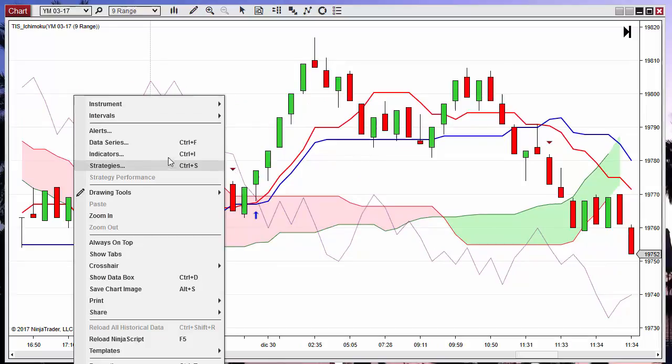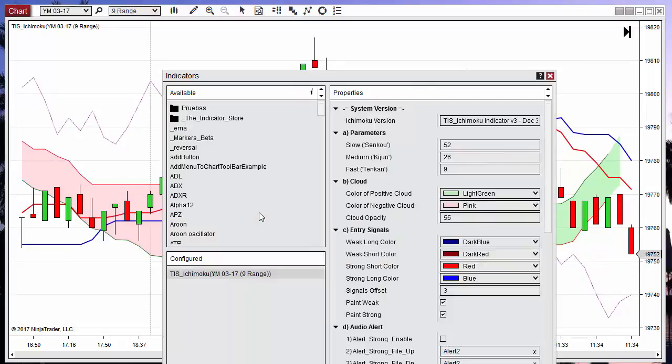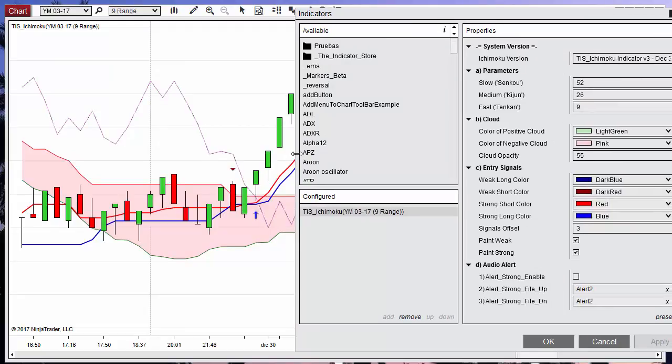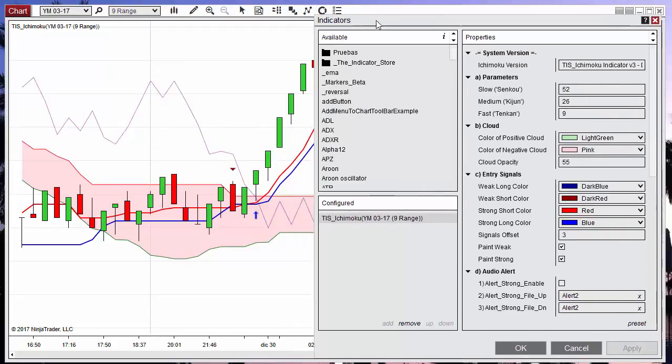For example, this signal is against the cloud and the other is in the same direction. So if we avoid painting all the signals, we get neither triangles nor arrows. Painting all the signals, we get the triangles, and only the strong signals, we get the arrows.